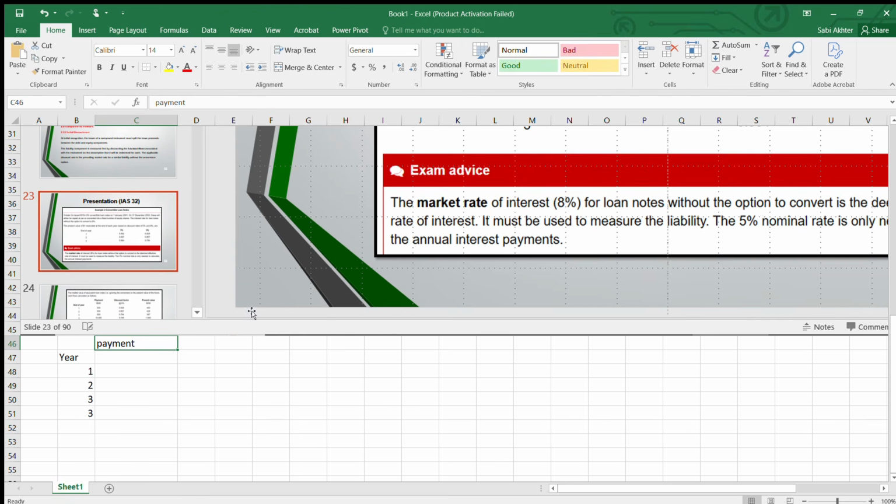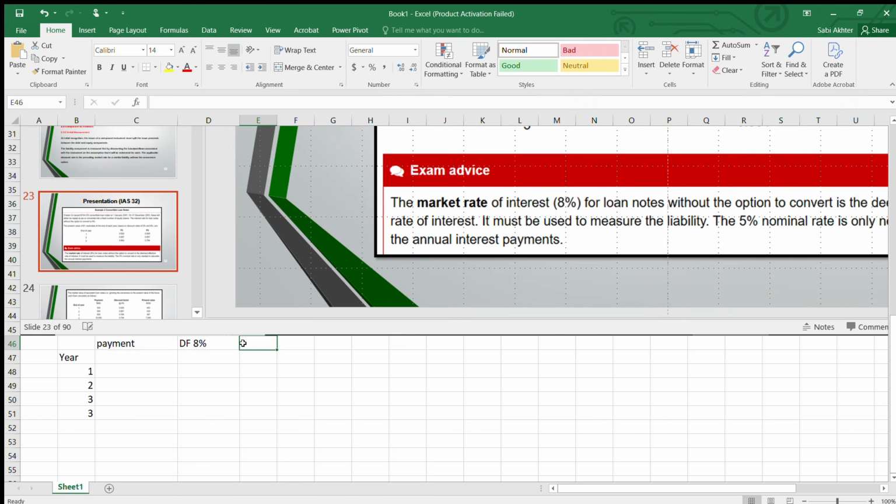Then we have the discount factor. As I told you, it's at 8% without the option to convert. And then the present value. Always remember, whenever a compound instrument is given, write the years like this: payment or receipt, depending on whether you are investing or giving it to someone, or taking it from someone.